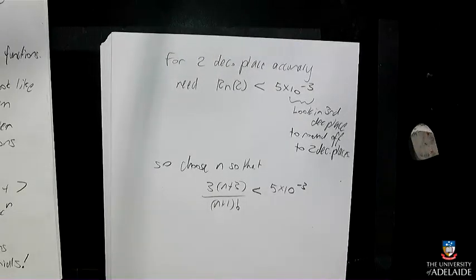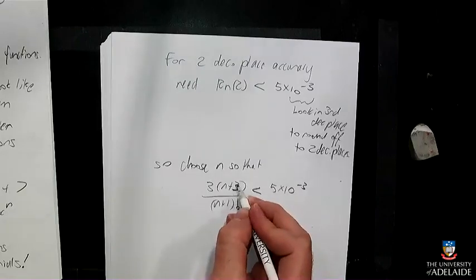Well, I'll probably just start trying them and see what happens, really. Usually it's a trial and error sort of thing. I know that it didn't work at 4, so I'd go to the next one at least. And I'm thinking that I need n plus 1 factorial to be quite a bit more than 3 times n plus 3.